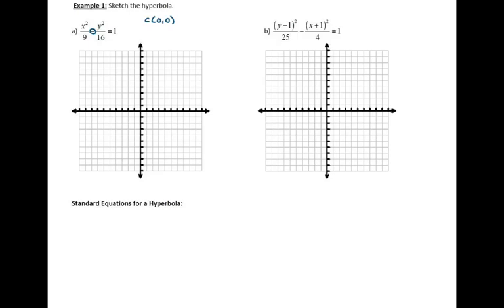In this case, we want to identify a, and your instincts might say at this point, well, a is probably 4, which would be the square root of 16, because in an ellipse, a always came from the larger of the two denominators. But the reason that was that way is because the equation was x squared over something plus y squared over something.